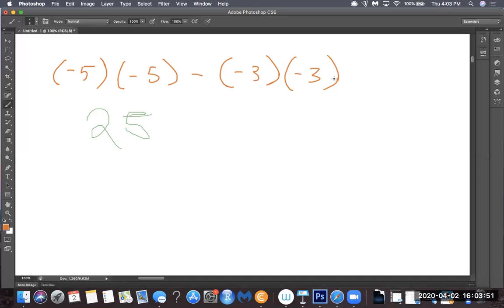Okay, I want you to write that minus in the middle. Now, what is the next pair of parentheses? Negative 3 times negative 3. What's negative 3 times negative 3? Positive 9. Why? Because it's a negative times a negative. Write it down.